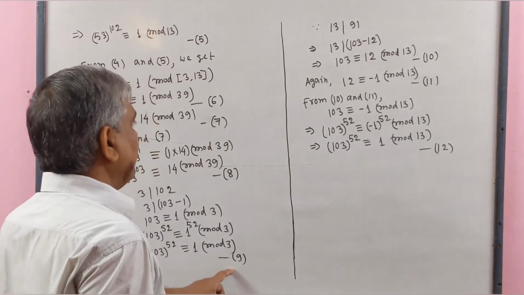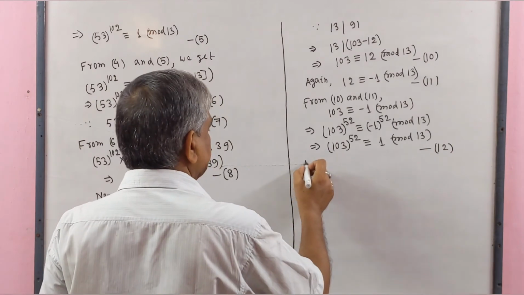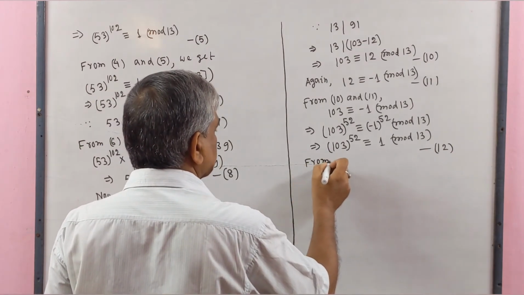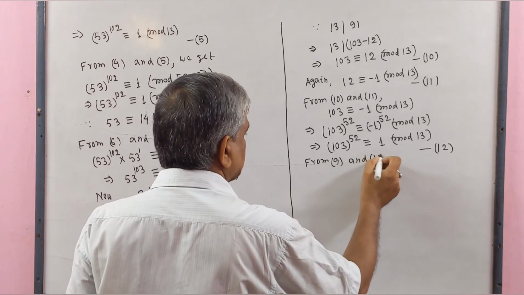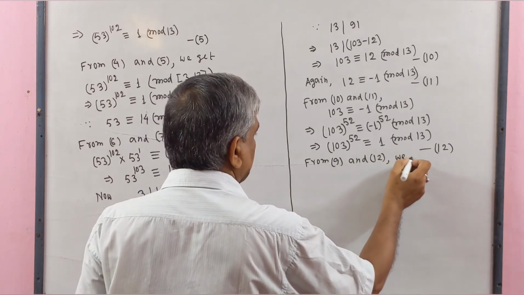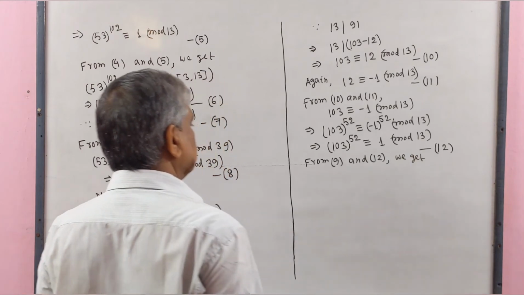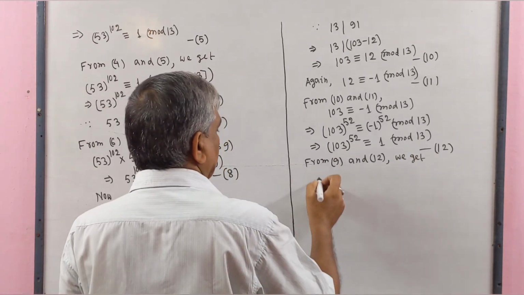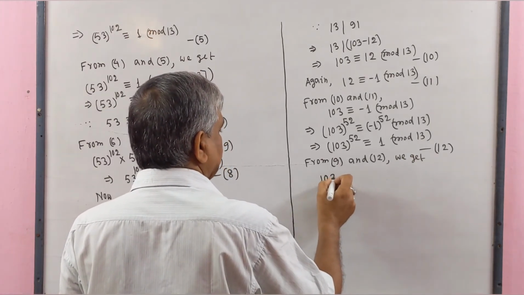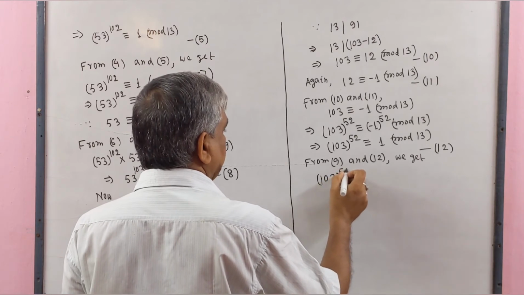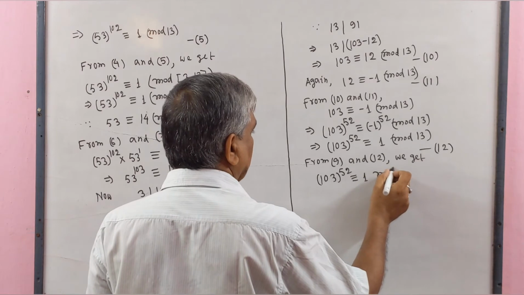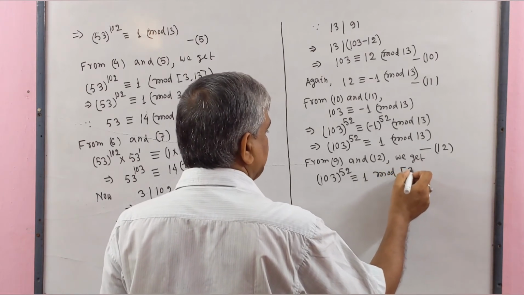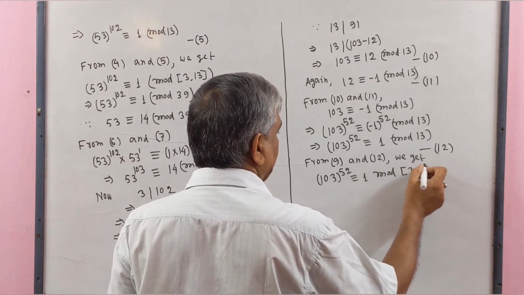From 9 and 12, we get 103 to the power 52 is congruent to 1 modulo the LCM of 3 and 13.